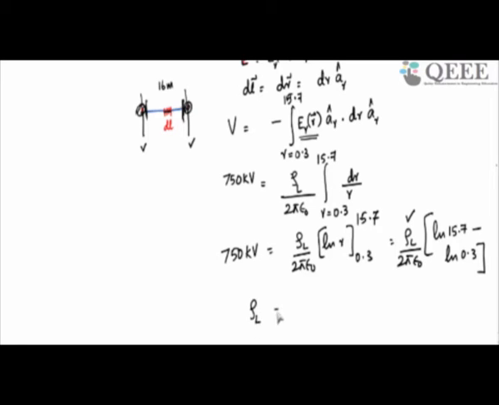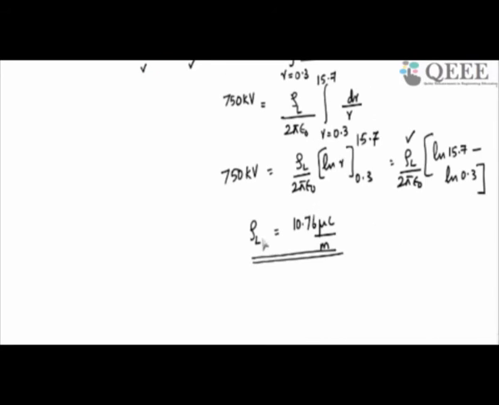So, I can calculate my rho L as substitution of all this will give me 10.76 microcoulomb per meter. You know that coulomb is a large unit. 1 coulomb means lot of charge, which is why even with 750 kilovolt of potential difference, the line charge density is only microcoulomb.